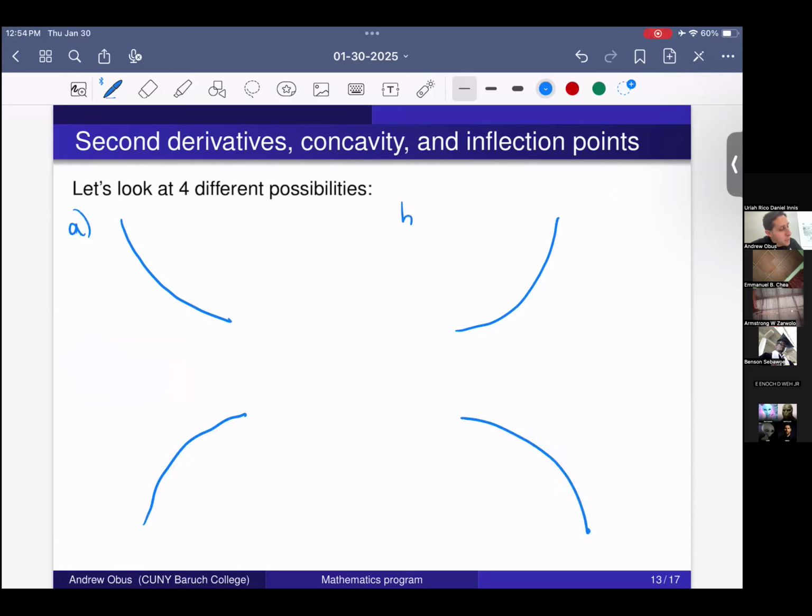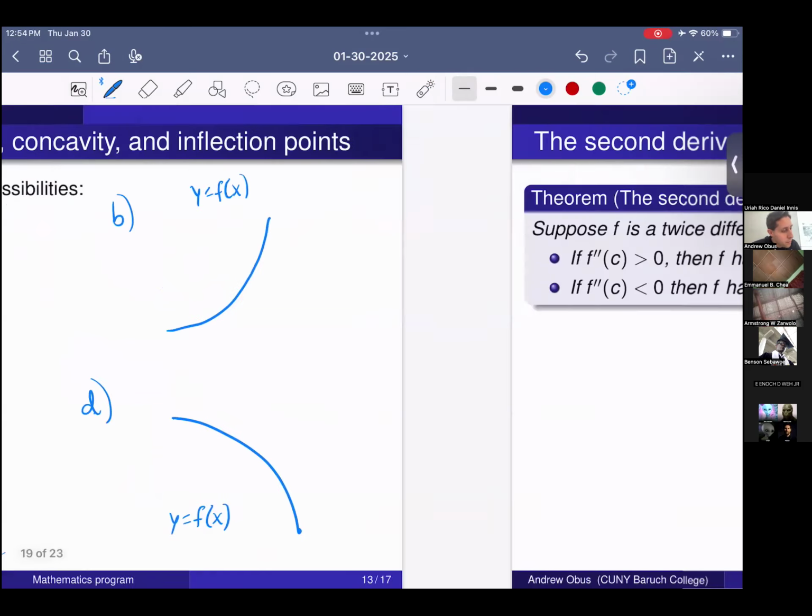Let's call these possibilities A, B, C, and D. So the question is, what's happening to the derivative here? All of these are going to be graphs y equals f of x.